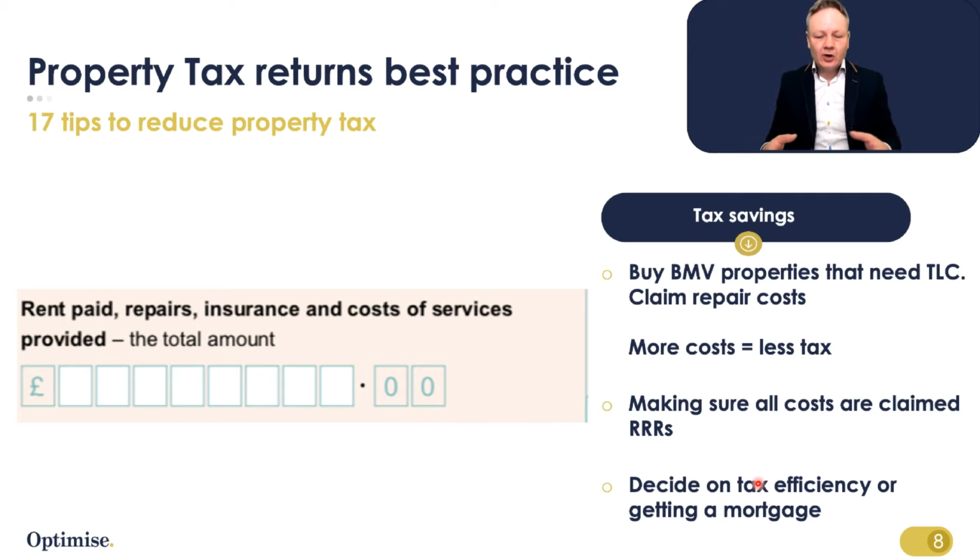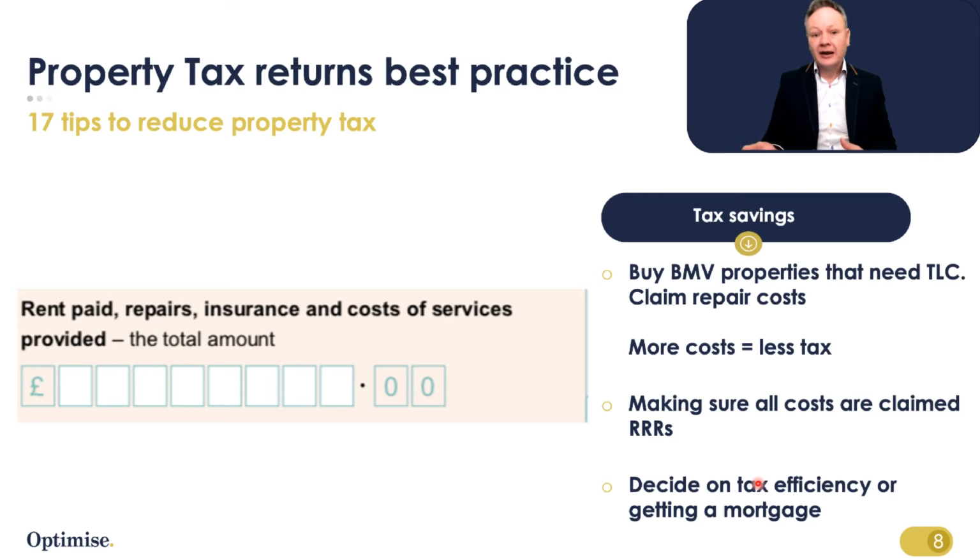But if you are demonstrating constantly that you're tax efficient, like I was, for 8 years, I paid no property tax. Now, I was gloating in that for a long period of time until I needed a mortgage to buy a house. And I couldn't do it. I had to wait 2 years to get a home mortgage on a property that I really wanted because I was too tax efficient. So you do need to weigh up.